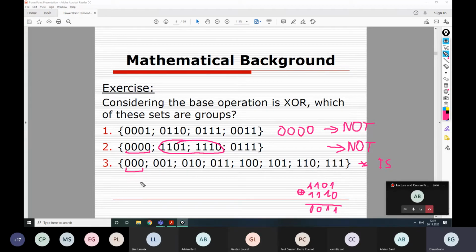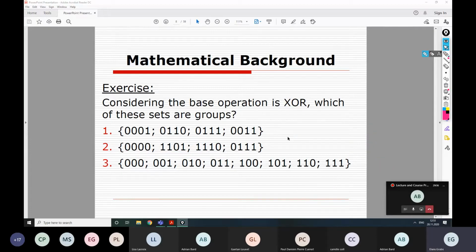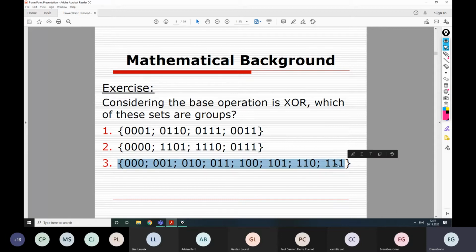Yes, so this is actually a group of these 3 examples. So this was just a demonstration which hopefully made you understand better what is a group and what isn't. This is a set of numbers with an operation. Yes, this operation for our case is XOR operation or adding by modulo 2.